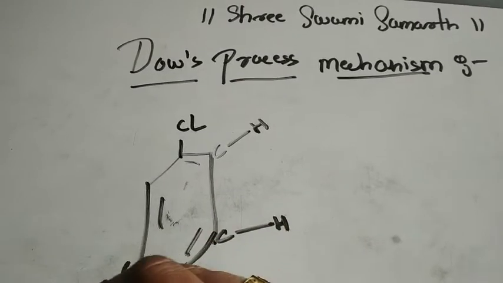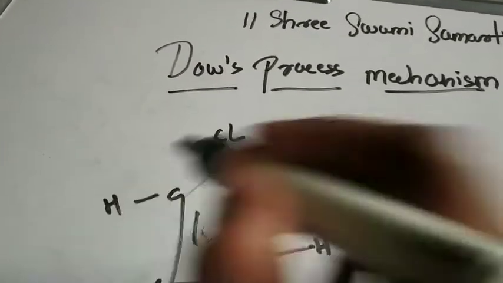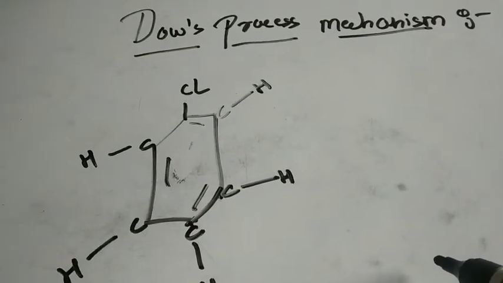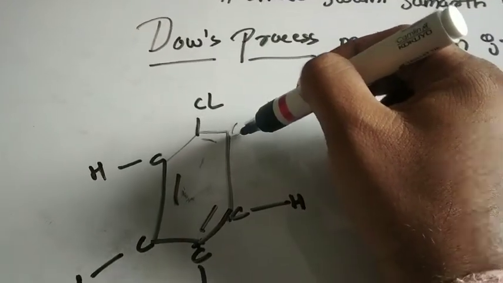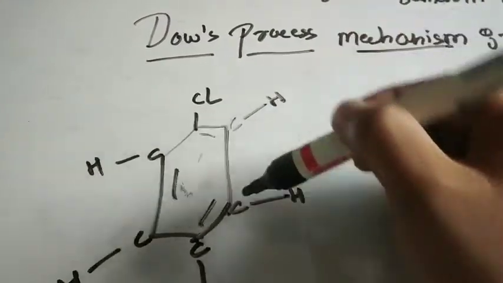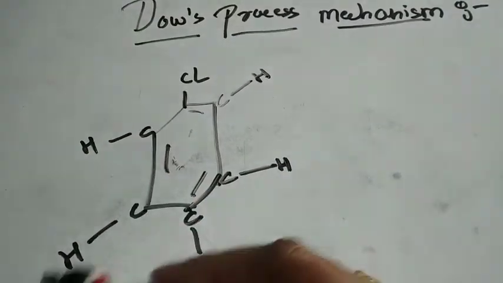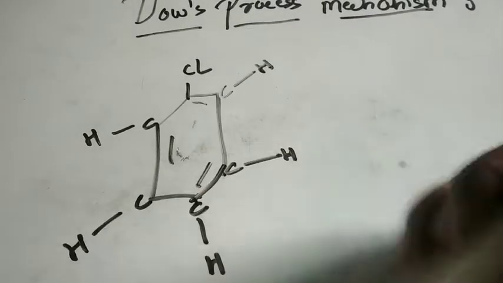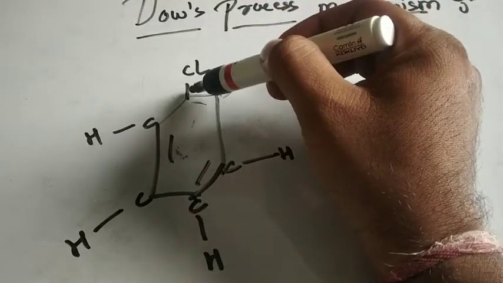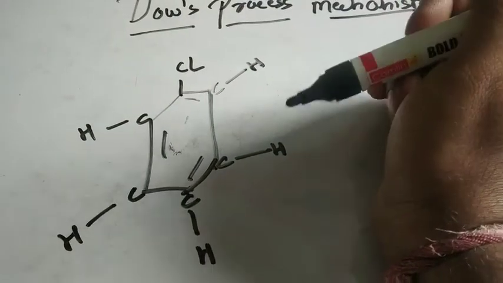We all know the structure of benzene, right? So here only we have replaced the hydrogen with the chlorine. Rest all we can see the carbon is attached to the hydrogen, carbon is attached to the hydrogen, carbon is attached to the hydrogen, right? So in all the cases you can see such kind of an arrangement. But only in this case the carbon atom is attached with the chlorine, so it becomes chlorobenzene, right?